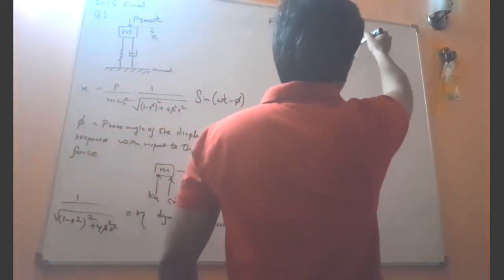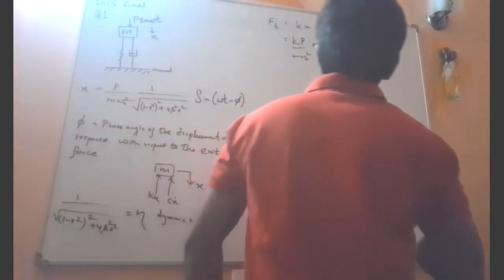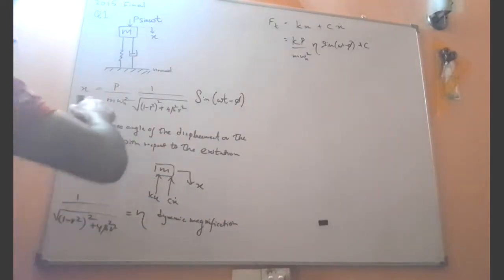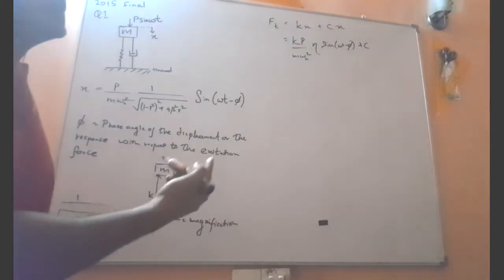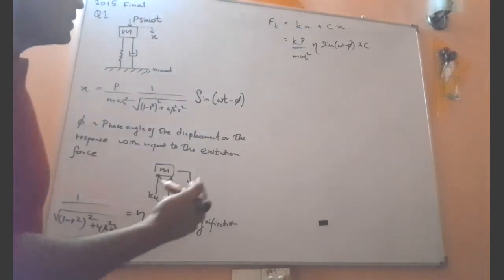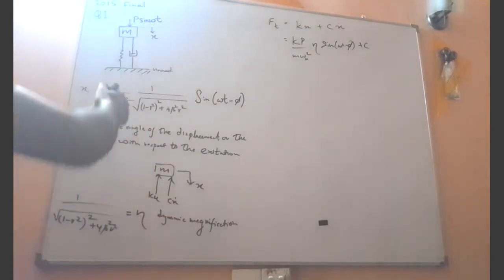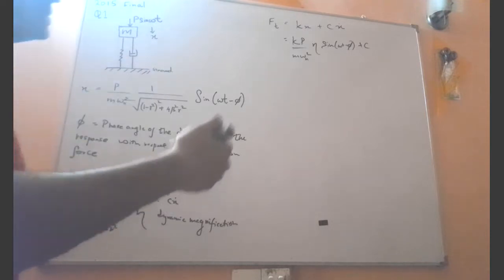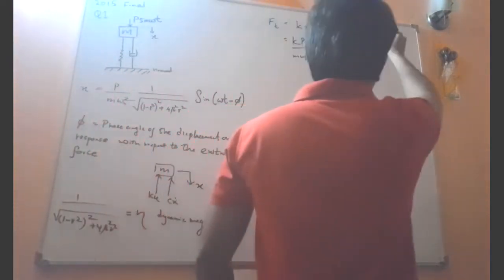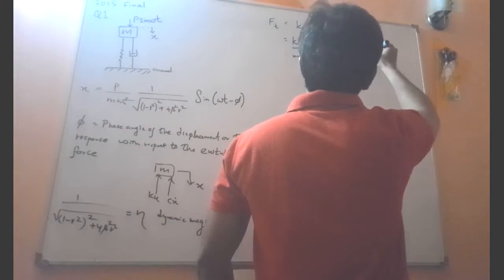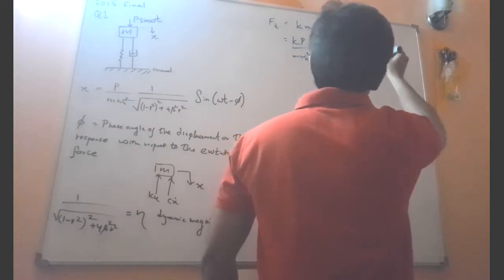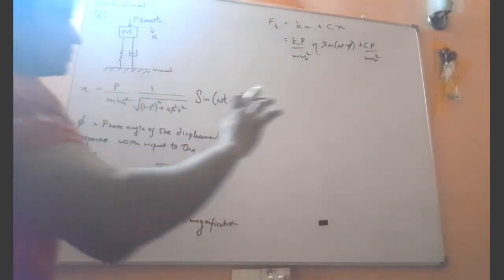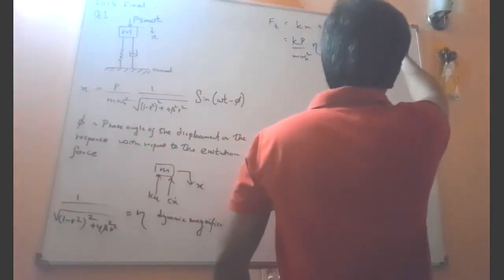c times x dot. That means differentiate x with respect to time, the first derivative. You don't have to worry about P divided by m omega n squared because it is a constant, and eta also is a constant, so keep it.